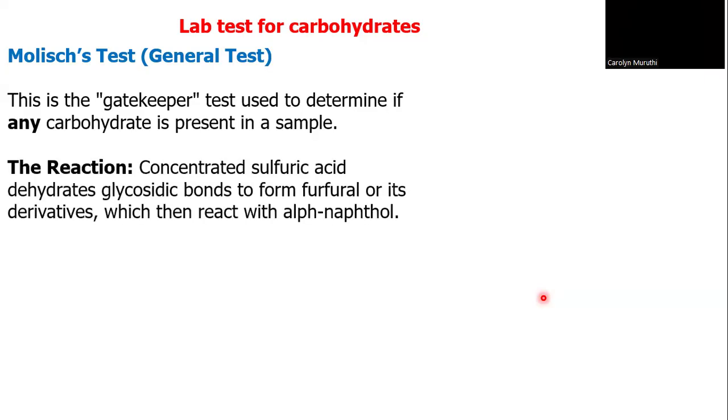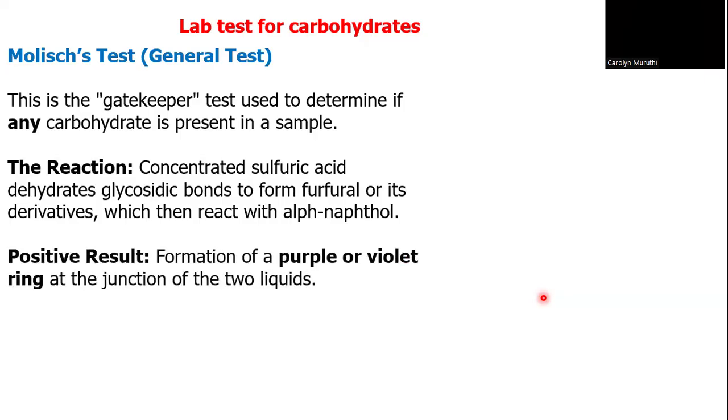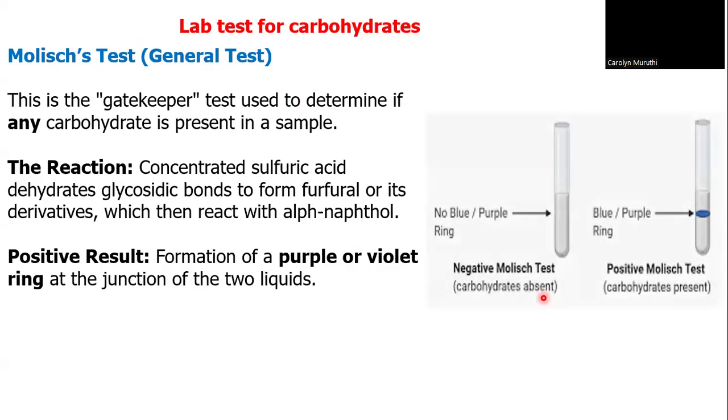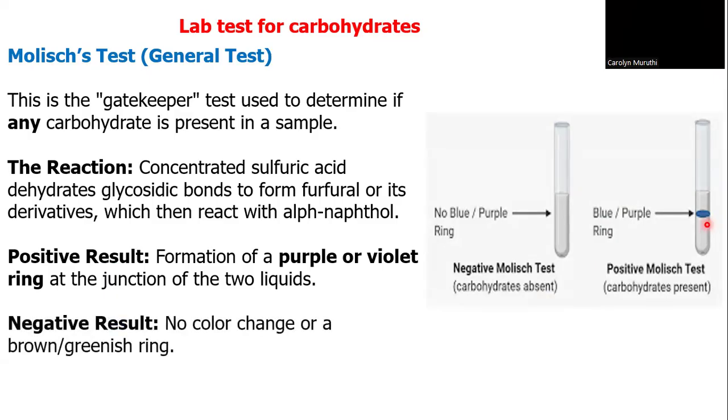In this reaction, concentrated sulfuric acid dehydrates the glycosidic bonds, and this results in a purple or violet ring at the junction of the two liquids if carbohydrate is present in the sample. However, if there's no purple or violet ring at the junction, the color will remain a brownish-green ring, and this shows absence of carbohydrates.